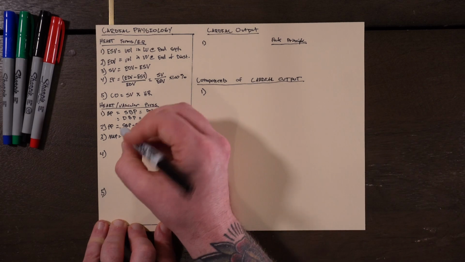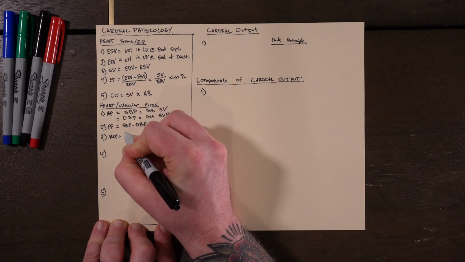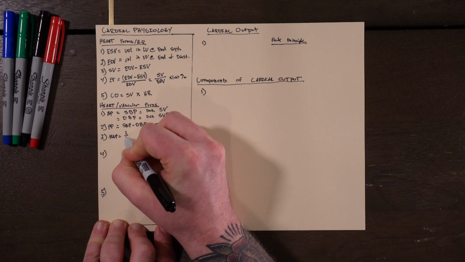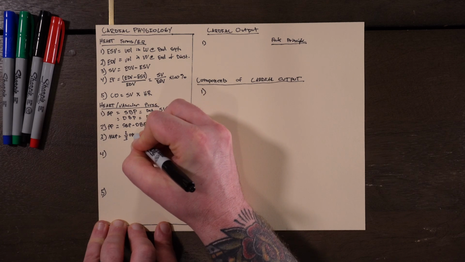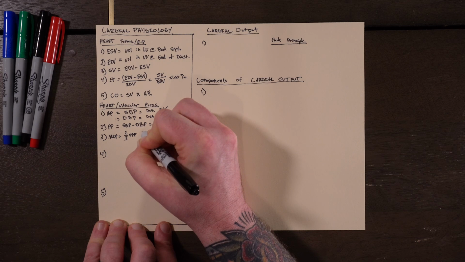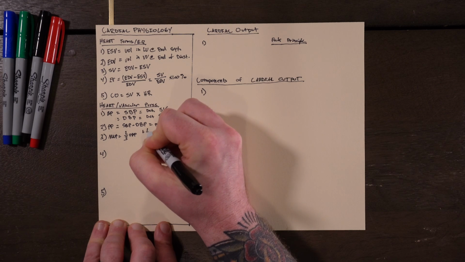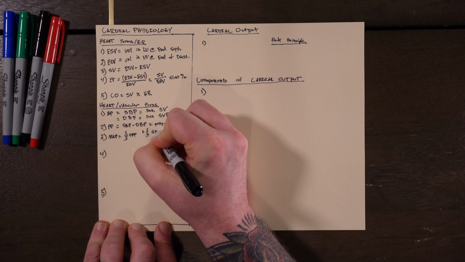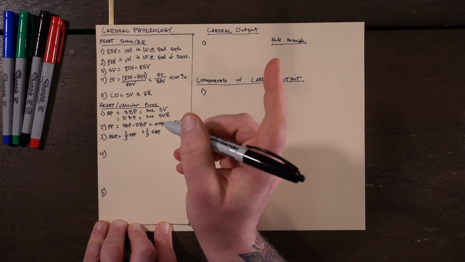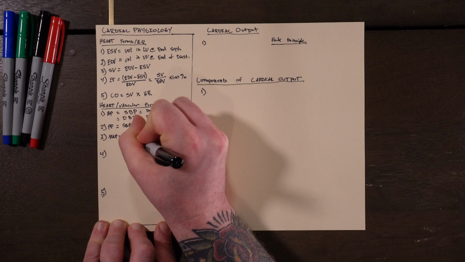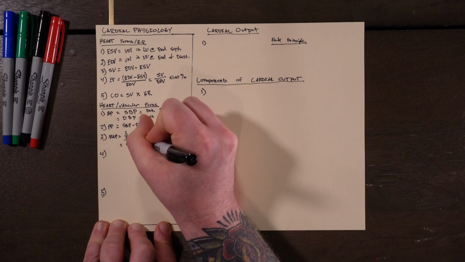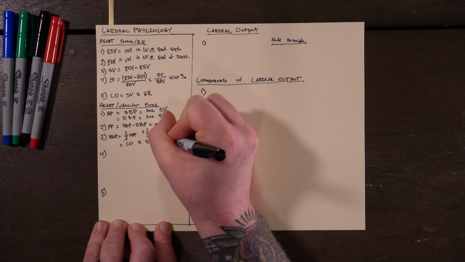So to calculate the MAP, there's two different ways. You can do 2/3 diastolic blood pressure plus 1/3 systolic blood pressure. Or you can think of it as cardiac output times the systemic vascular resistance.